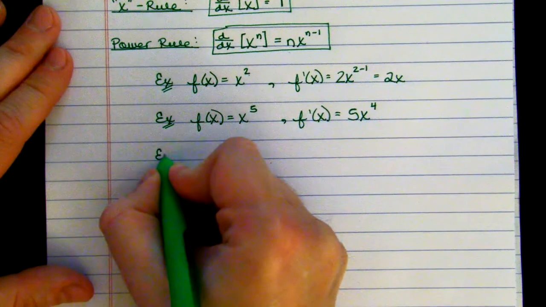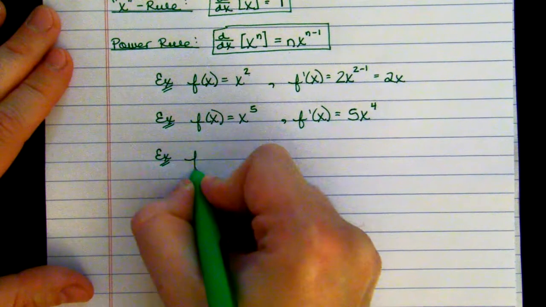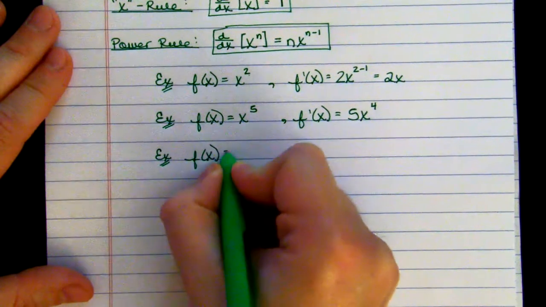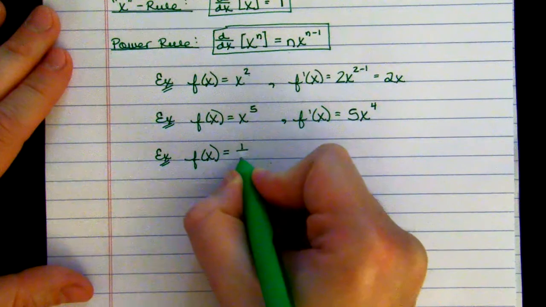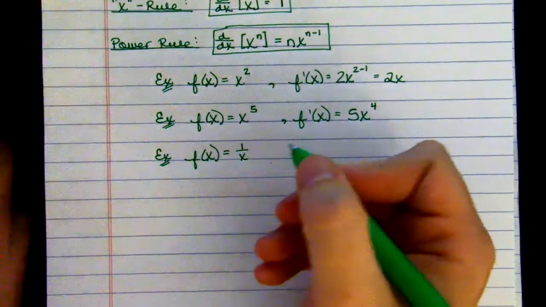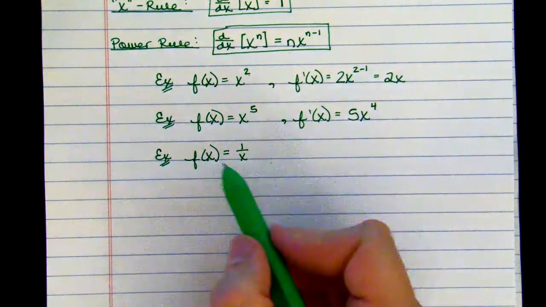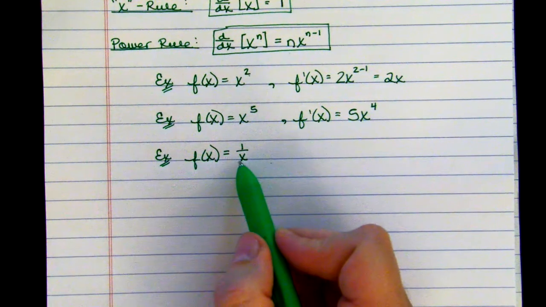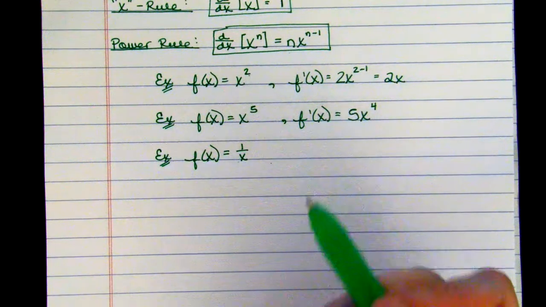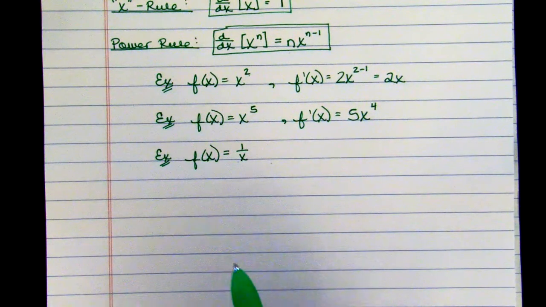Next, f of x equals 1 over x. I am not allowed to just use the x rule over there because it's not just x, it's 1 over x. What I want to do is try to rewrite this in a way that will let me use the power rule.